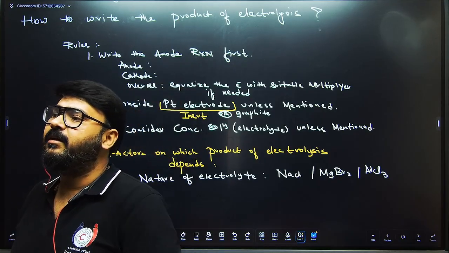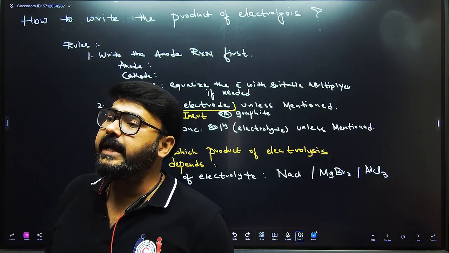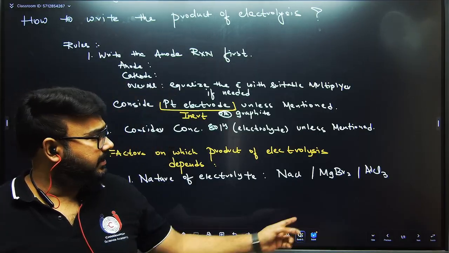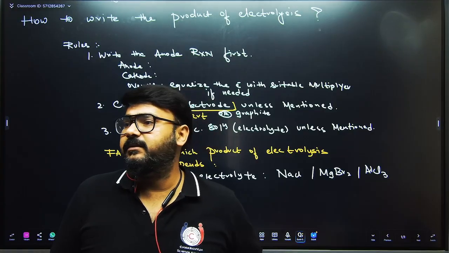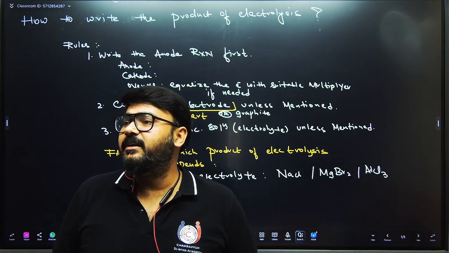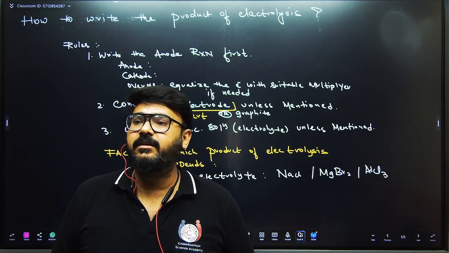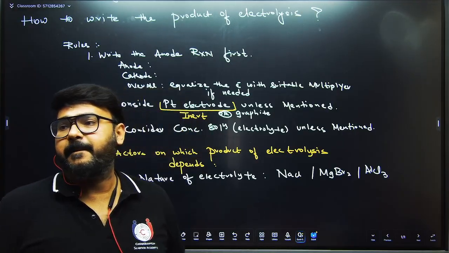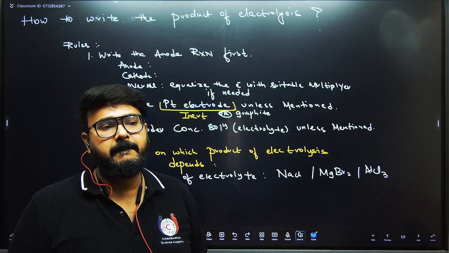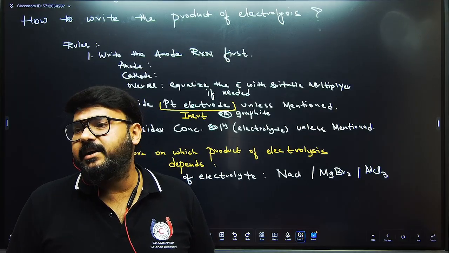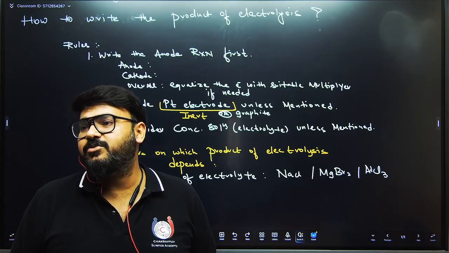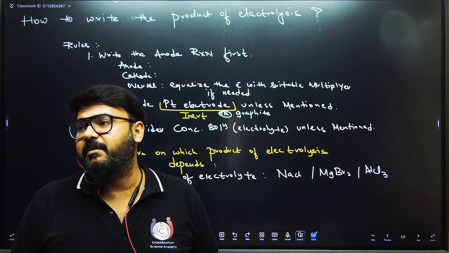Yes, Amanvi, AlCl3 is the most covalent out of the three. Why? Mg doesn't even have 18 electrons, so how will pseudo noble gas configuration come up?